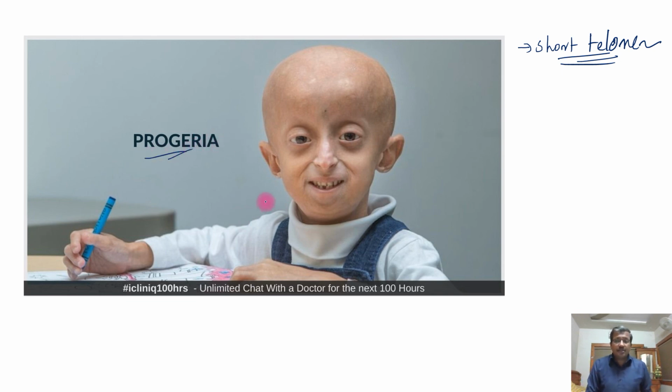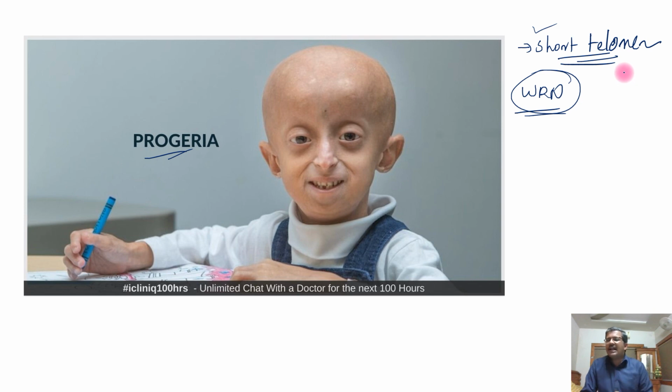And there are other reasons too. For example, WRN mutation. WRN is a protein concerned with the DNA repair mechanism, so that is also a factor. It's not always this one, but in progeria, short telomere is also a characteristic feature. If your telomeres are long, your cells can divide more times.